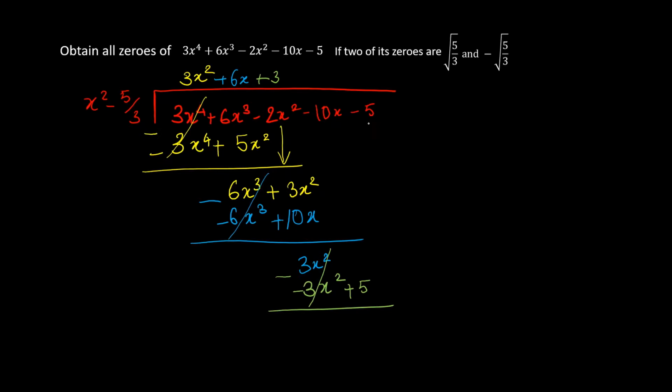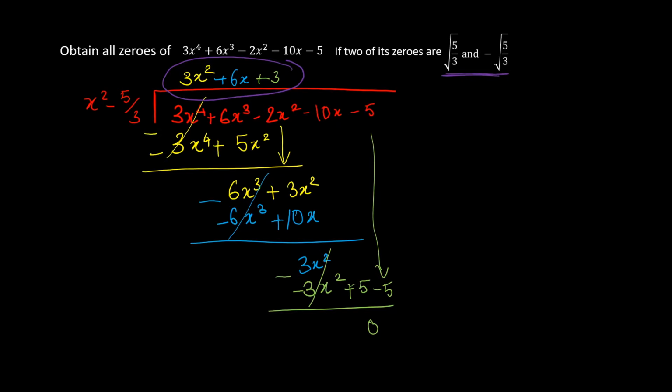And then here I have a plus 5, and if I get this down, it becomes a minus 5, which gives me 0. So here I have divided the whole thing by the multiplication of these two zeros. Now I get a different equation altogether over here.